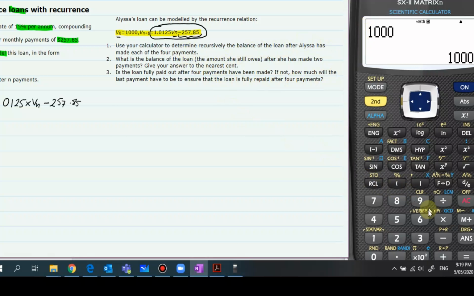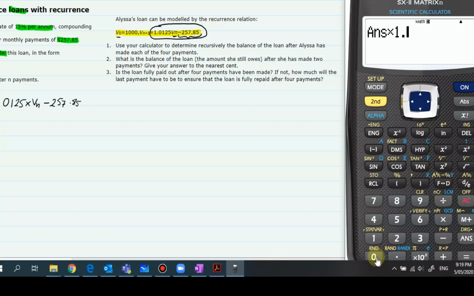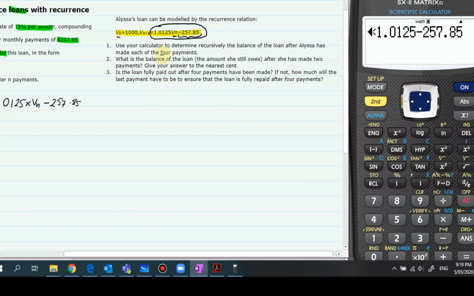Now the first application, we would say we want to multiply by 1.0125 and subtract 257.85. Okay, so it's stated that we want the 4 repayments, so recursively, the balance of the loan after Alyssa has made each of the 4 repayments.